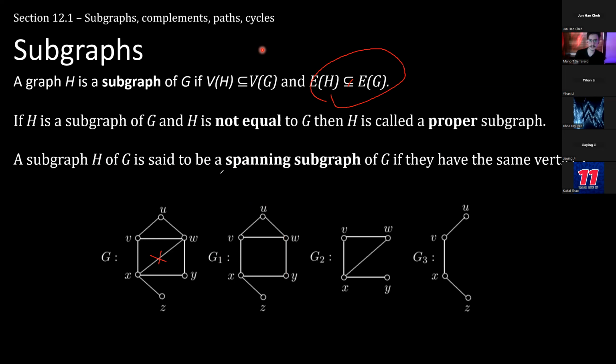Now, this is actually a spanning subgraph because we have all the same vertices. This is a case of a proper subgraph where we take away both edges and vertices. And the same goes here. We take away both edges and vertices.